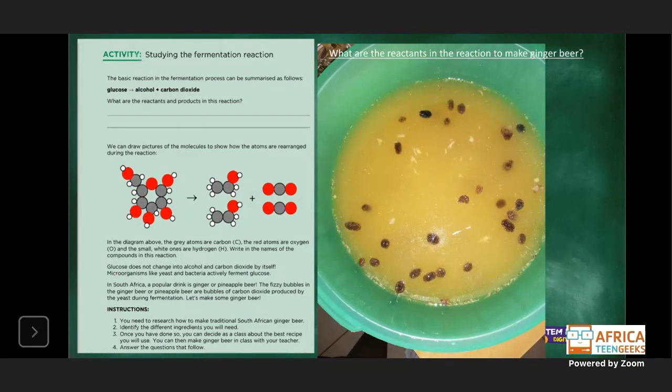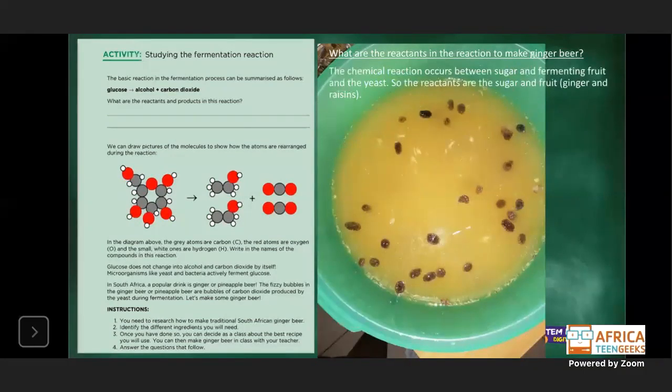Remember we said that we are using the raisins, okay? We also have water, we also have glucose, all right, guys? So I didn't see any answers in the group chat. So here is the answer. The chemical reaction occurs between sugar and fermenting fruit and the yeast. So the reactants are the sugar and the fruit, all right, which could be our ginger and raisins as well as pineapple in other recipes, okay?